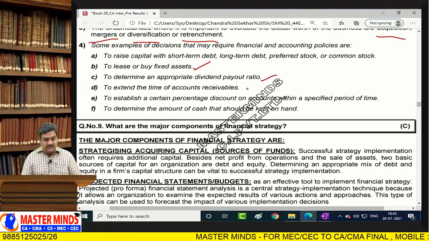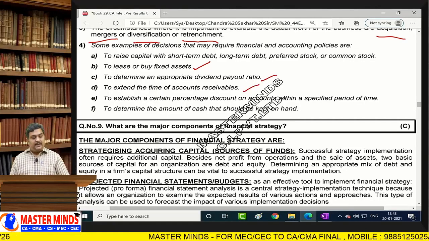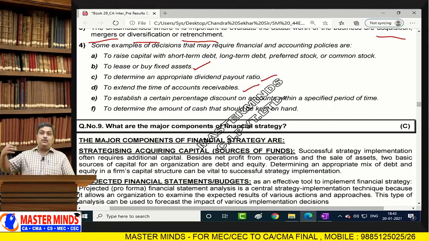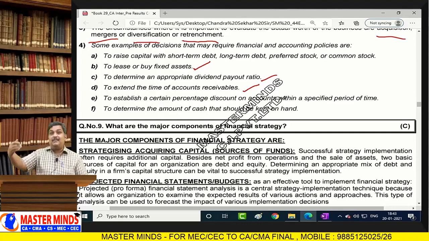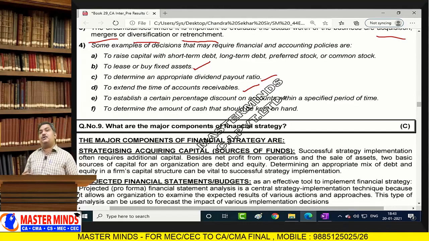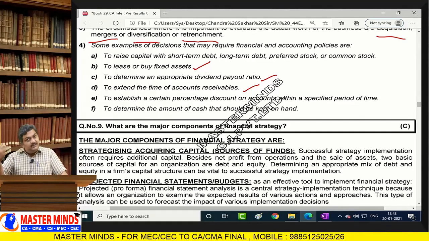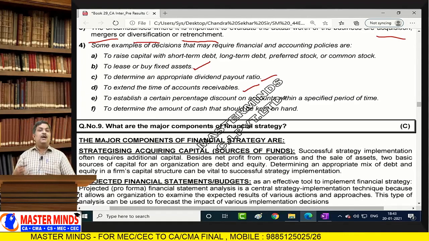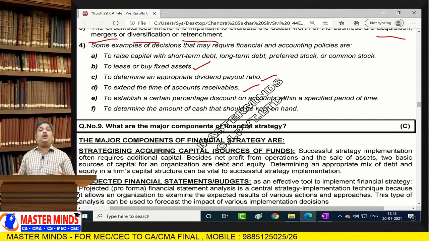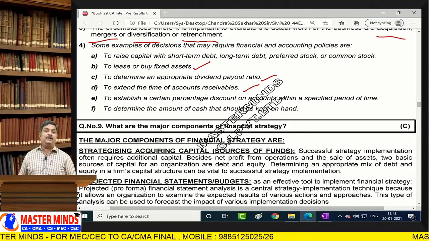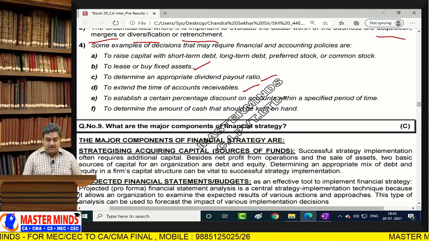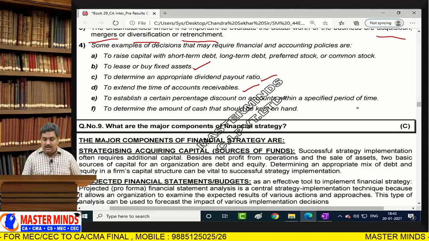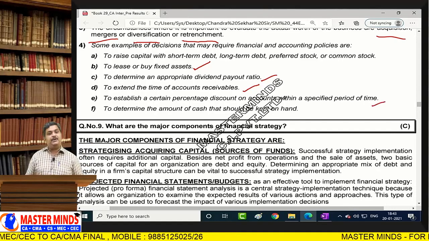And to extend the time of accounts receivables. Okay, that means whether to collect the money from the people in the shortest possible time, or whether we can delay. The finance manager has to decide these things depending on the financial position of the organization. And to establish a certain percentage discount on accounts paid within a specified period of time.